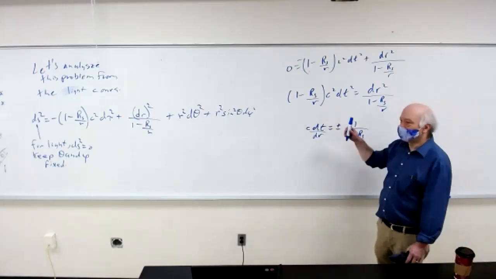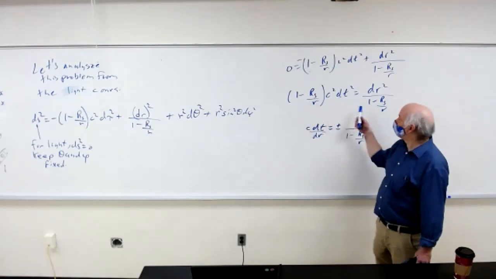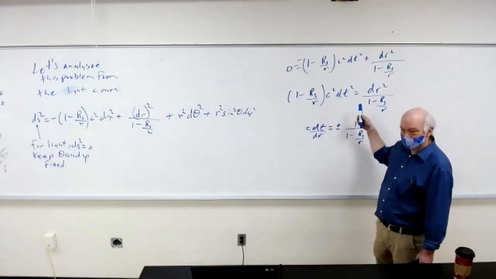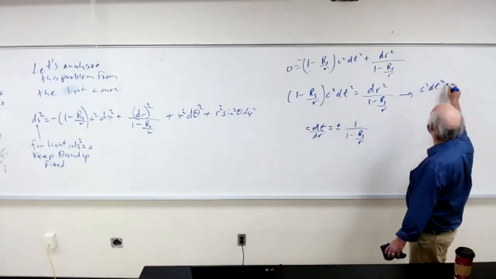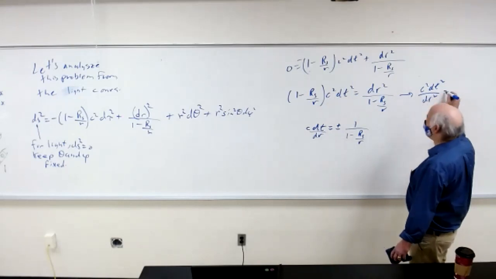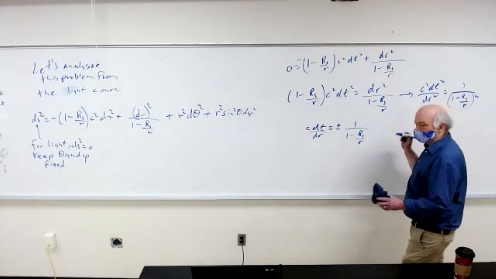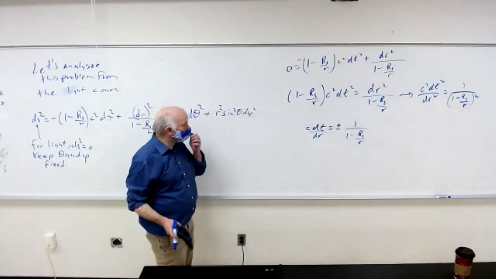I started to write, I don't know why, because I was taking the square root of both sides. So you take this over here, that makes this squared. This whole thing here is squared, and so you take the square root of the whole thing. So you have c squared dt squared over dr squared equals 1 over 1 minus rs over r. Then take the square root of that. Okay. So what is this going to be?